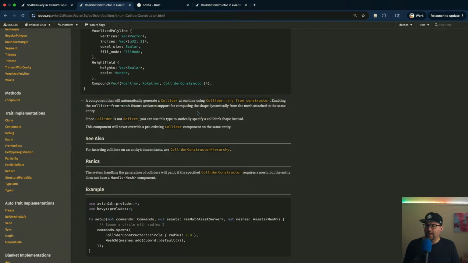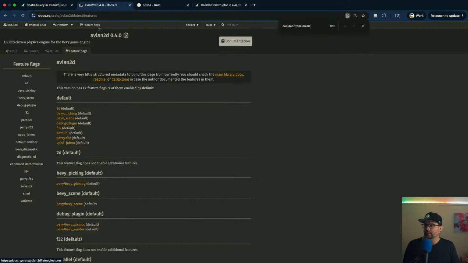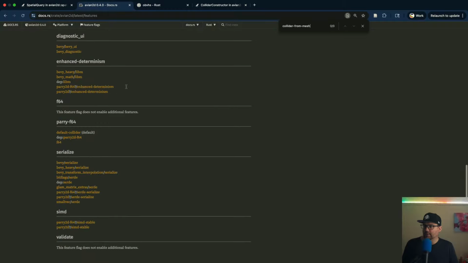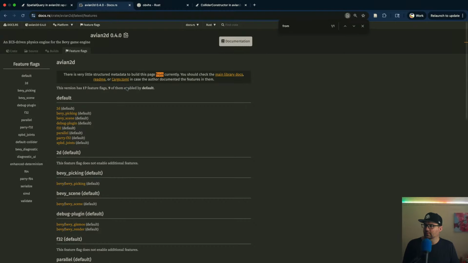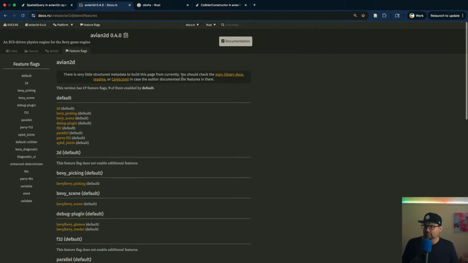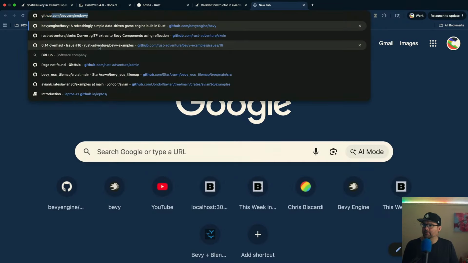I thought this was enabled by default, but maybe it's not. This doesn't even have the feature. That's really awkward. Is that supposed to happen?